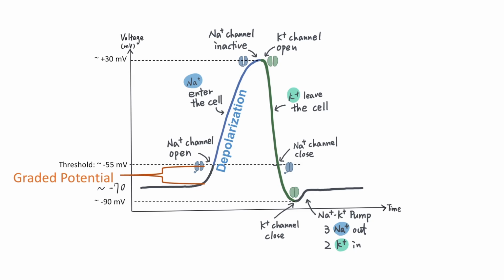When the voltage goes down, we call it repolarization, because now you are repolarizing it to minus 70 millivolts. But actually, the voltage goes down even further to minus 90 millivolts. So the actual decrease of the voltage is called hyperpolarization.